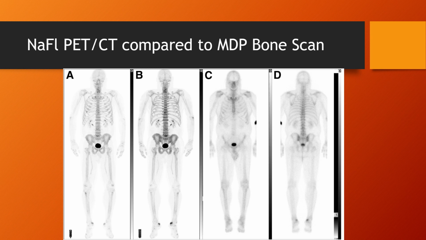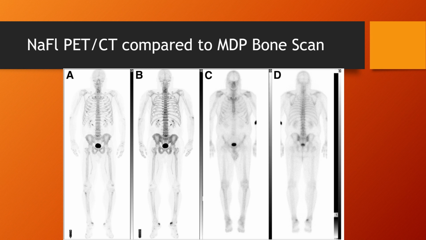Remember that with the MDP bone scans, you're scanning anterior and posteriorly, with the camera slowly moving down over the patient. So it's not spending a lot of time over any single anatomy, and you're only imaging in one plane. Whereas with the PET scan, you're imaging all the way around the patient. You're getting a lot more counts per time and per anatomy.